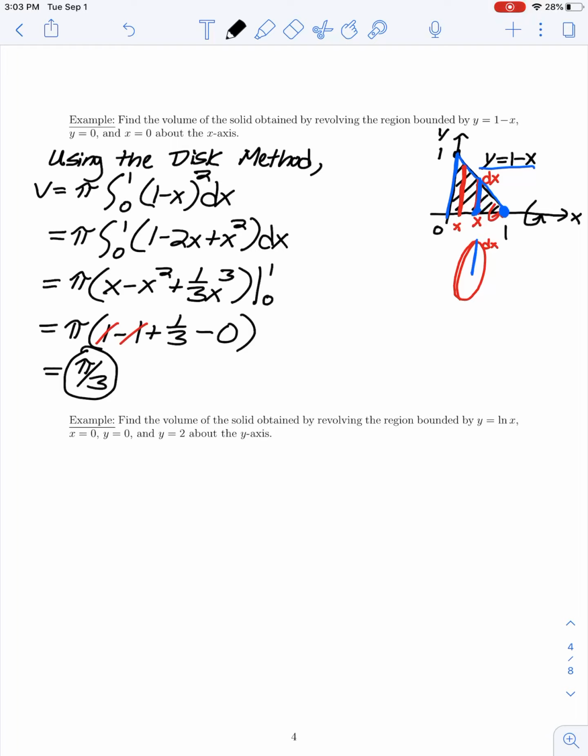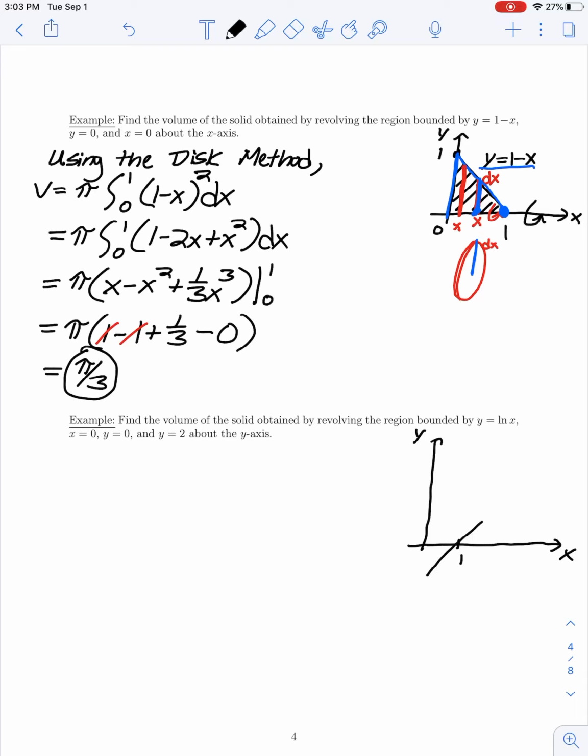So let's take a look at this one. Start by sketching our region, which was bounded by the x and y axes, along with the curve y equals the natural log of x. So we know that when x is 1, the natural log of 1 is 0.